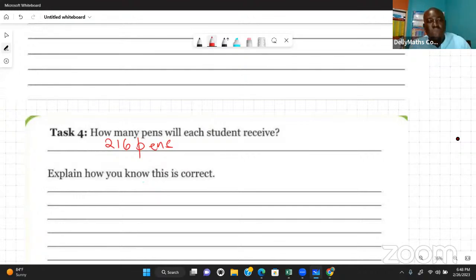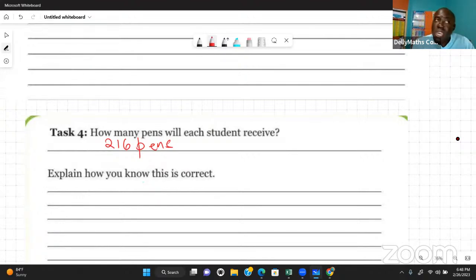So we need whole numbers here. If you work this out and give the whole number, you're fine. But if you're going to share this up equally, we cannot logically give certain numbers. We're talking about pens, right? If you divide this by 96, you might get 2.25.